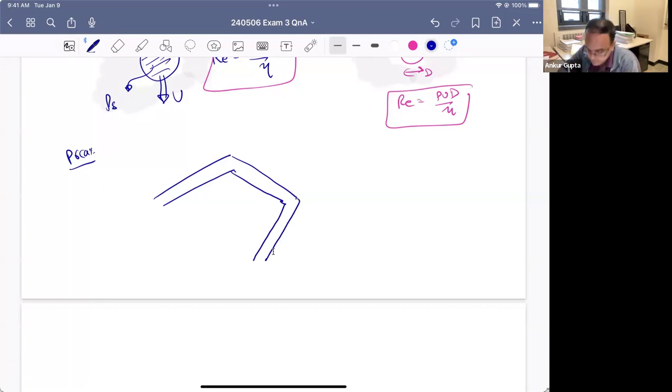Okay, so we have this is theta2, this is theta1, theta2, theta1, and then we have theta3.